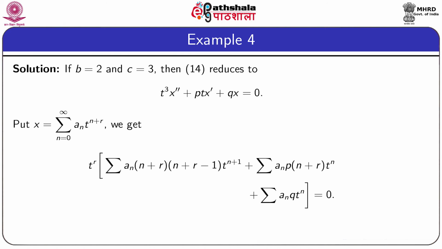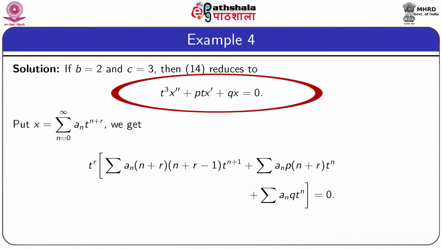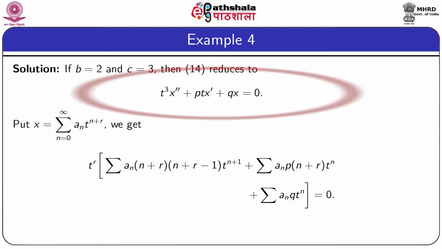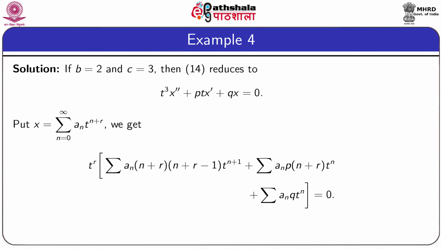We take b equal to 2 and c equal to 3, then our equation 14 reduces to t cube x double dash plus p t x dash plus q x is equal to 0.